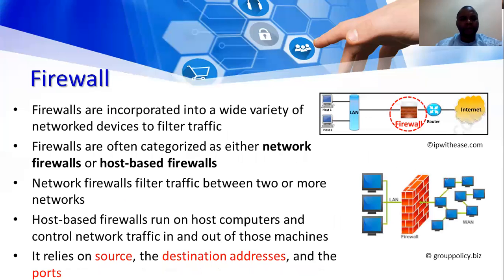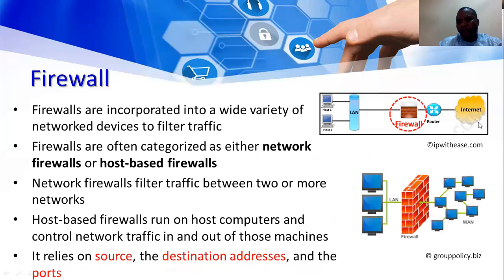So firewalls are incorporated into a wide variety of network devices these days, and the purpose is to filter traffic, as we have said. If you look at it here, this is a good example of a scenario.